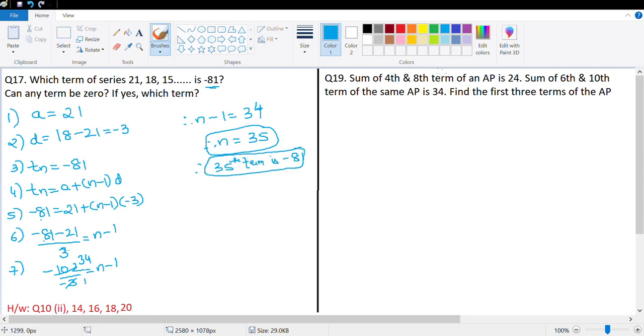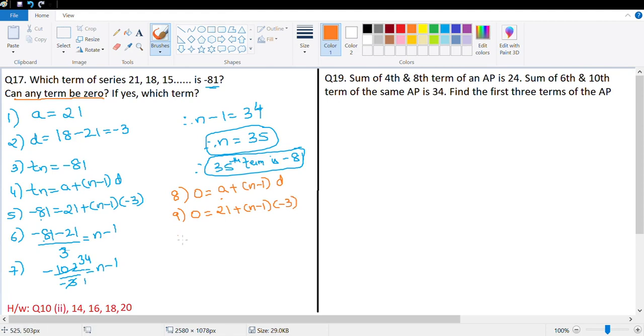That was the question. Next part of the question says, can any term of this AP be 0? Okay, so what we have is 0 is equal to A plus n minus 1 times D. Let's substitute values. So 0 is equal to A, in this case 21, plus n minus 1 times negative 3.